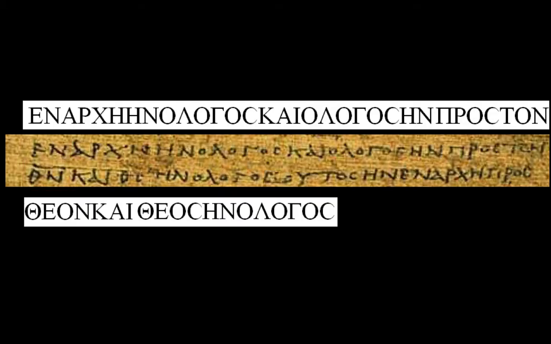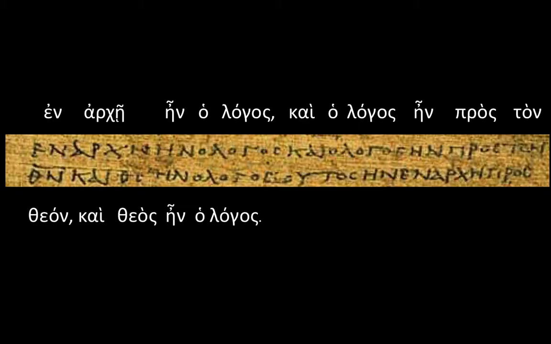So if we now look at the text written in more legible fonts, this is what it appears like. And if we separate the words and add the diacritical marks, it becomes much easier to read.